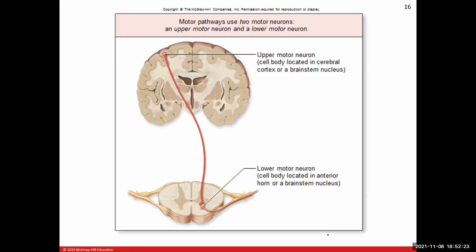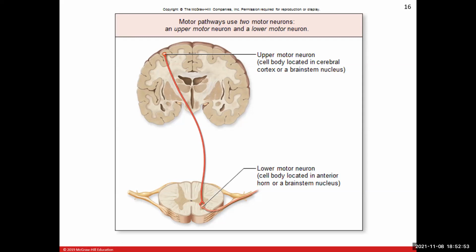Let's take a look at a picture. Pretty easy, right? Not too difficult. So if you look here, just in general, here's the cell body for our upper motor neuron. It is going to start off in our cerebral cortex, or if we're dealing with one of our cranial nerves, which is not shown here, then the upper motor neuron is going to be located in the brainstem.